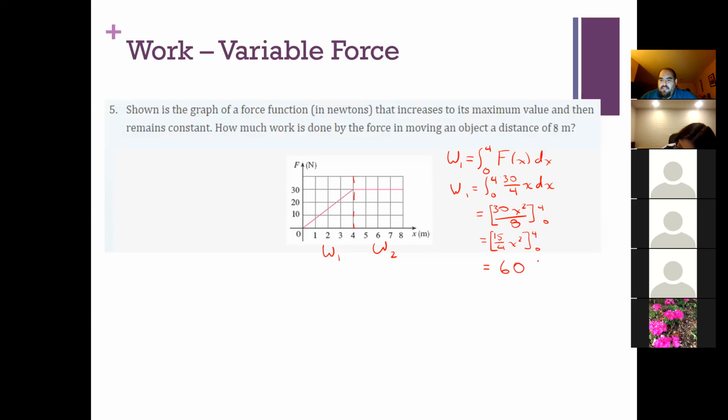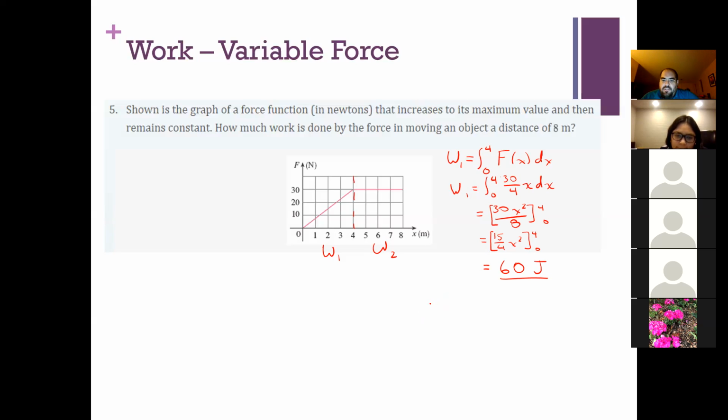And I believe that comes out to 60 joules. Yep. So that's one piece we need.